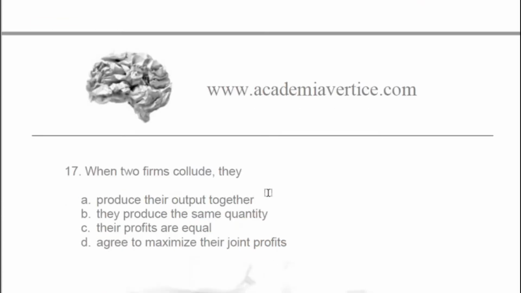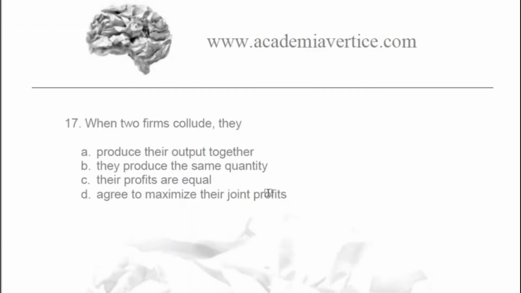Now 17. When two firms collude, this question is very important for me, and many of you know why. When two firms collude, they produce their output together. No. They produce the same quantity? Why? The firms are different.